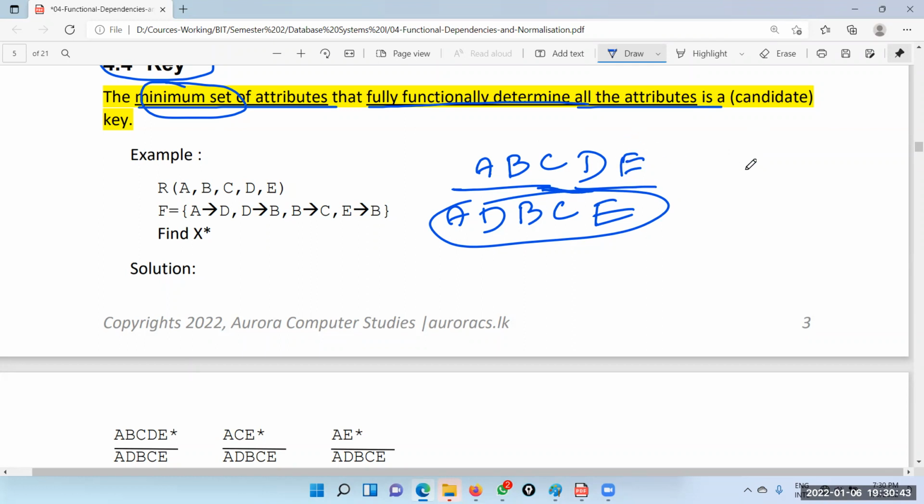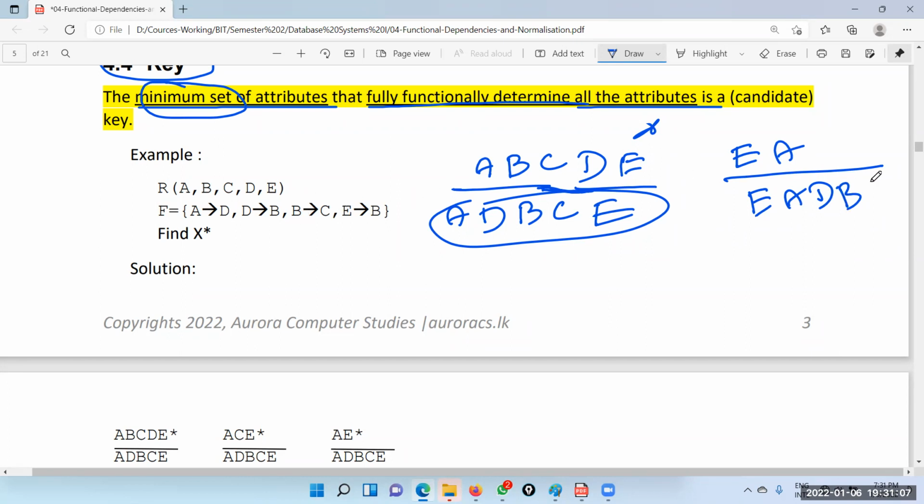Let's first do E because you can't get E from anything else. Then, what about if you add A? Then A determines D, D determines B, therefore B is also determined.